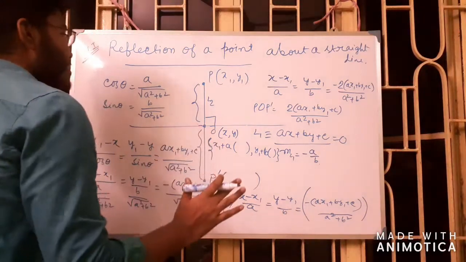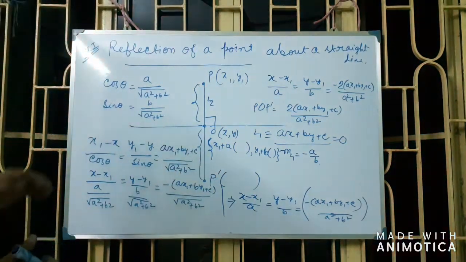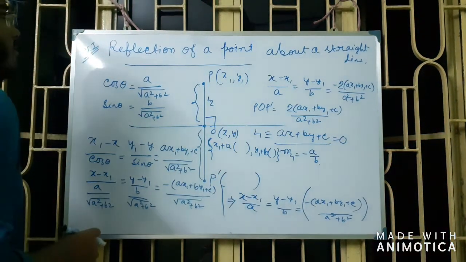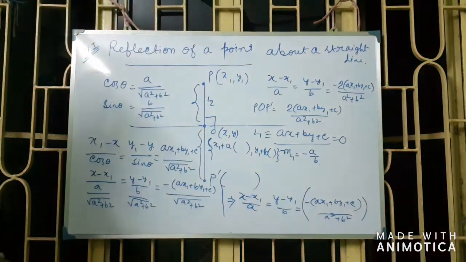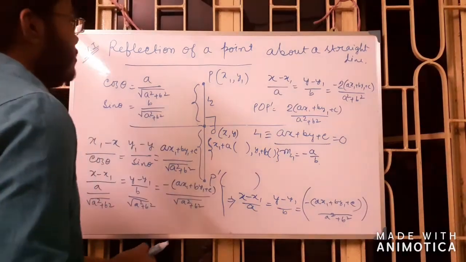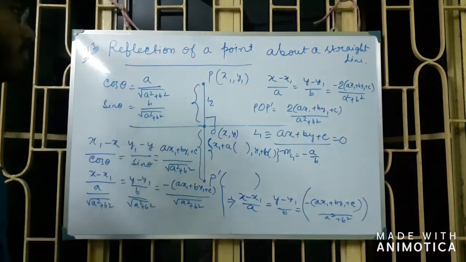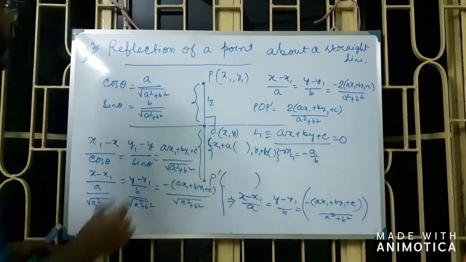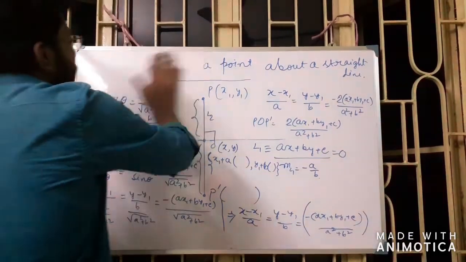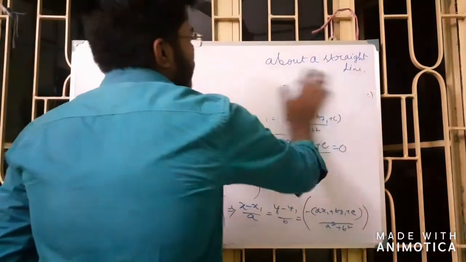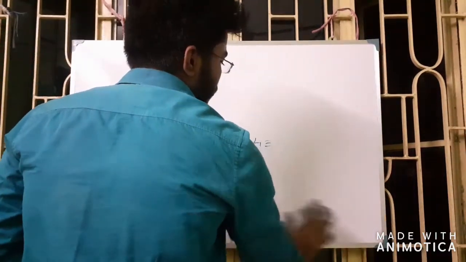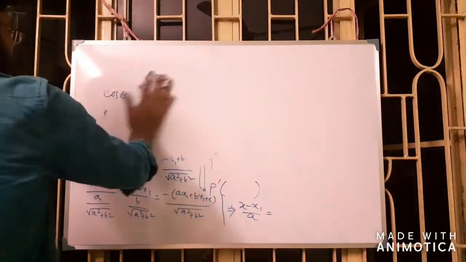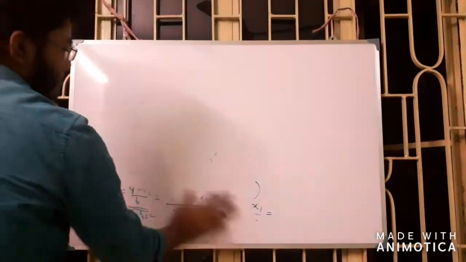This is the entire concept, and we will be solving a problem and we will end the class in today's session. The last problem which we will be solving is based on this concept.